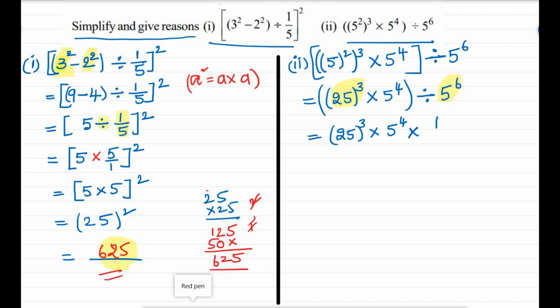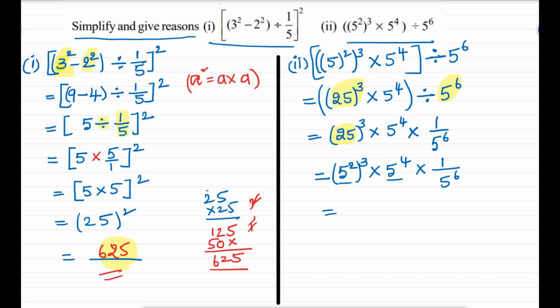So 5 power 6 can be written as 1 by 5 power 6. Now I write this 25 as 5 square. So 5 square whole to the power of 3 into 5 to the power of 4 into 1 by 5 to the power of 6.